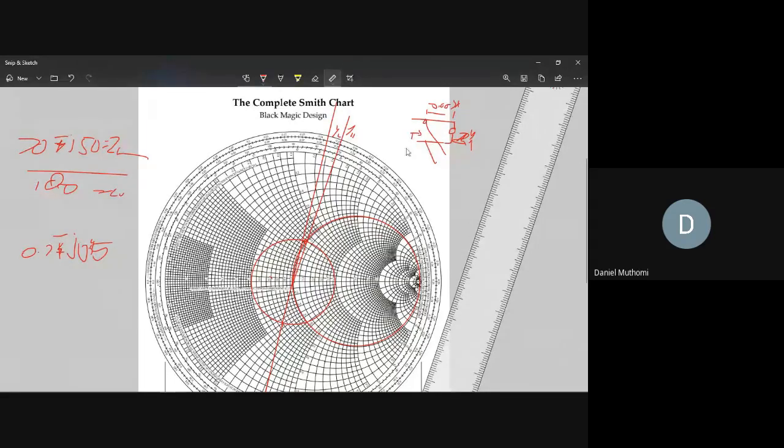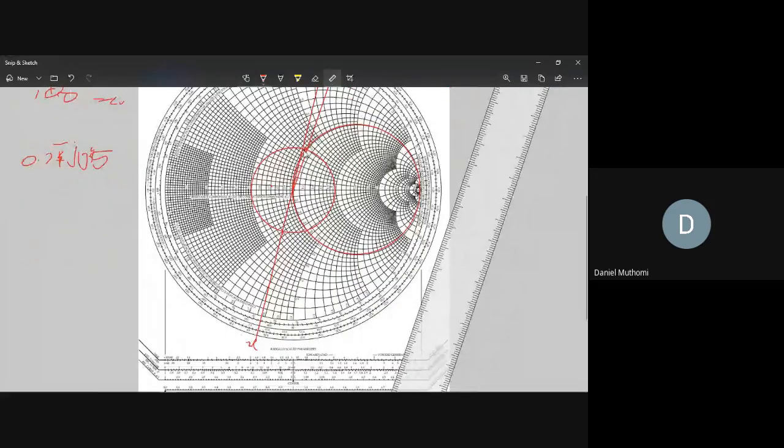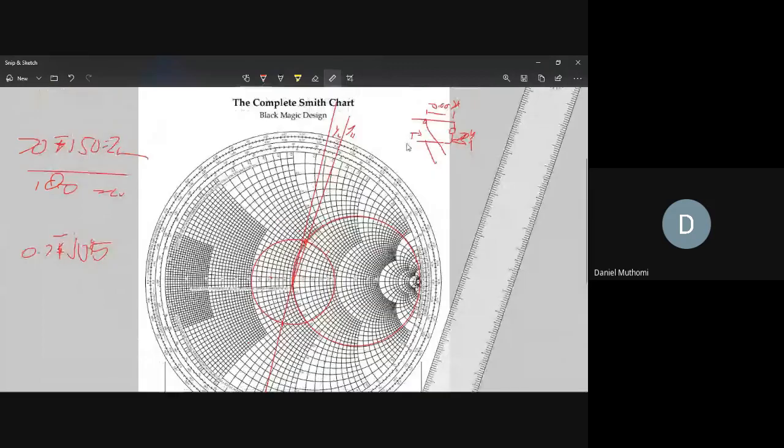That's a distance. So the next part, we read off this point here to get the actual value of this.